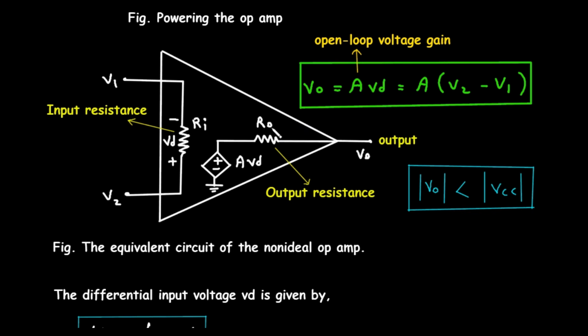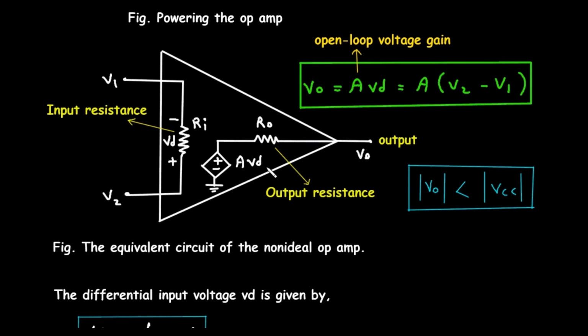This RO represents output resistance. It is a small internal resistance in series with the output. It represents the fact that a real op-amp can't supply infinite current, so we can't get infinite current output.